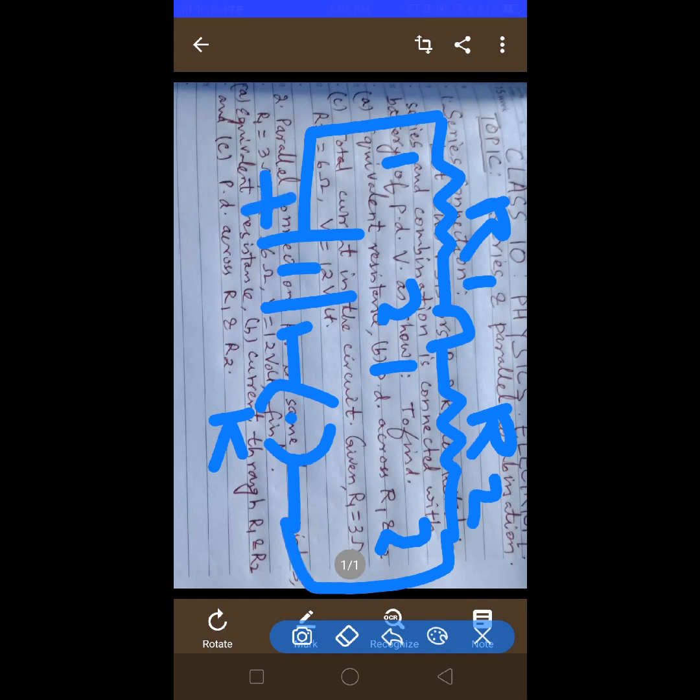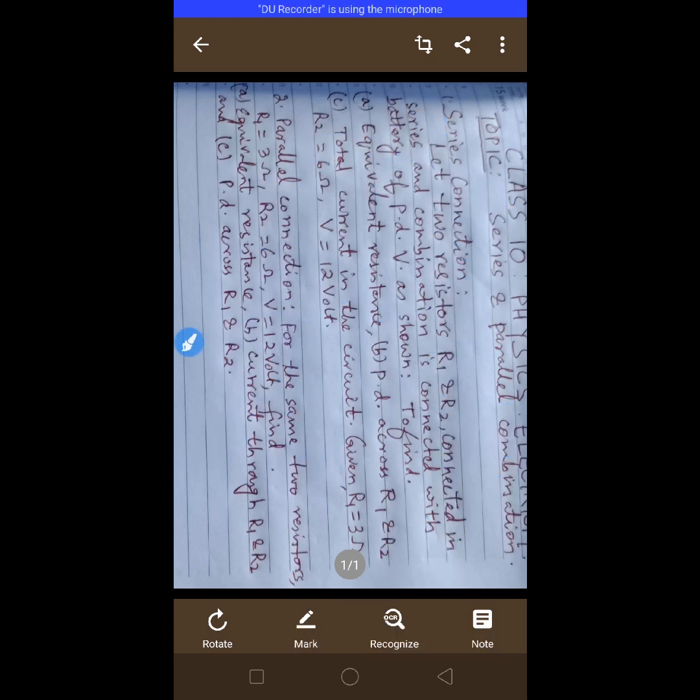This is positive terminal, negative terminal. Current will flow from positive to negative. I put here I. You see here in series resistors of R1 and R2, current will be same, and potential difference across R1 will be V1 and potential difference across R2 will be V2. So we will apply Ohm's law here also.